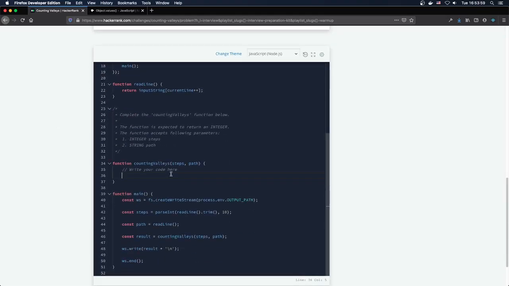I'm looking for the valleys. Counting valleys. Okay, so I think this could potentially be solved by using a stack of some sorts.